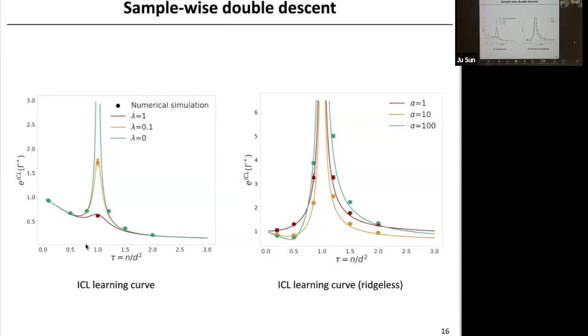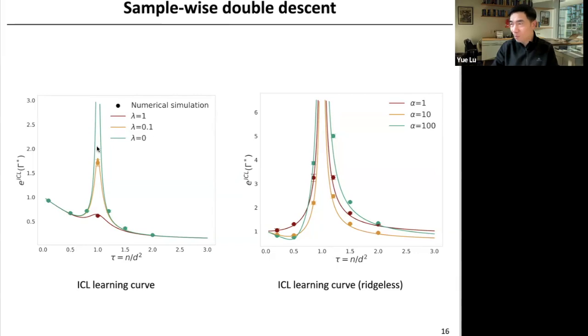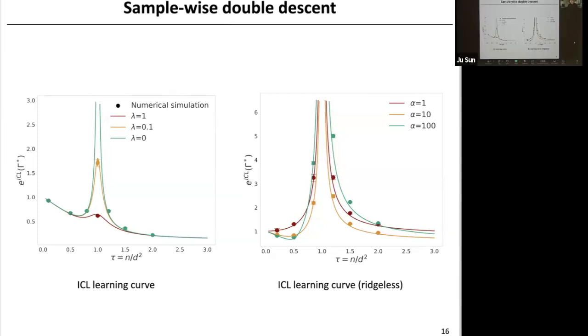Here, the interpolation threshold is just where the matrix is singular, and for the standard double descent phenomenon, it's the same mathematical reason why you have a peak. But it seems to me that the trend is opposite, right?